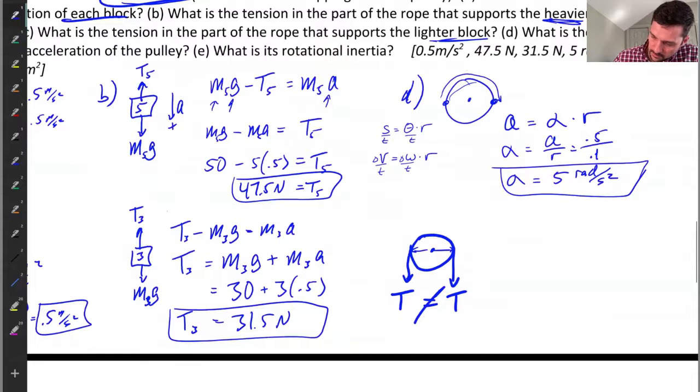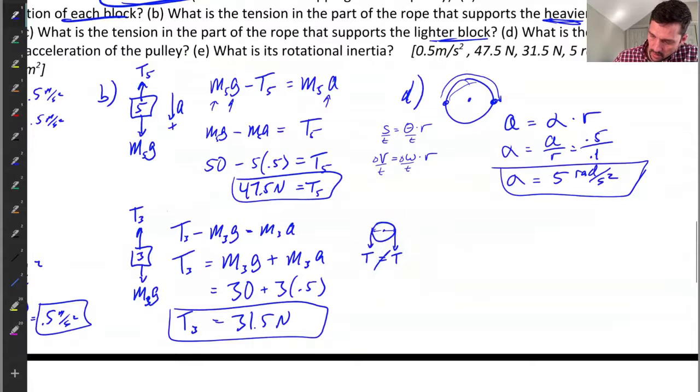And finally, how does this tell us about the rotational inertia of the wheel? We put this all together back into Newton's second law for rotation. Net torque equals moment of inertia times alpha. We have information about the torques and about the rotational acceleration, so we're looking for the rotational inertia.